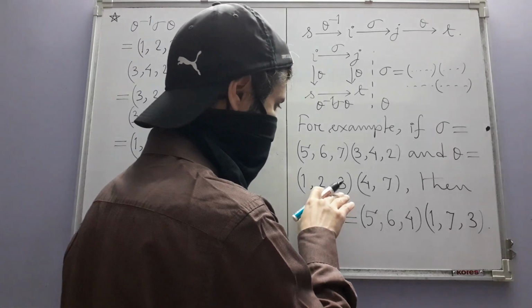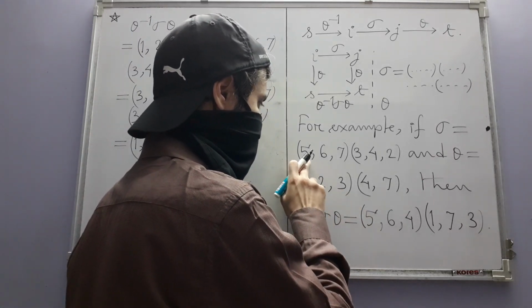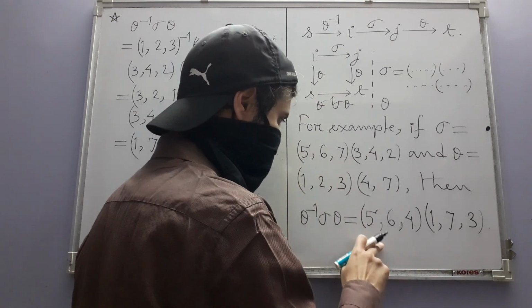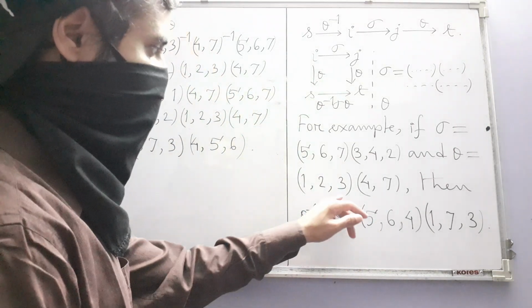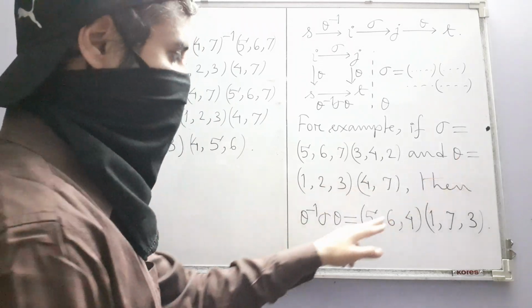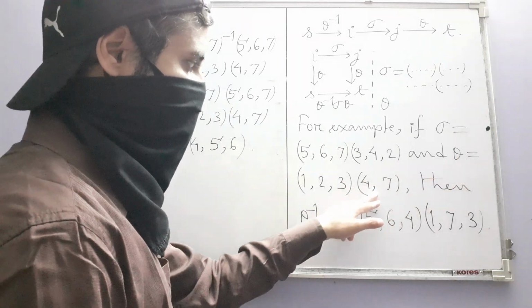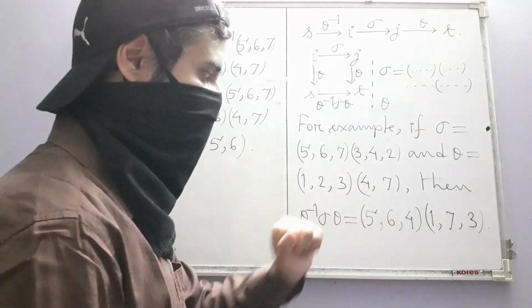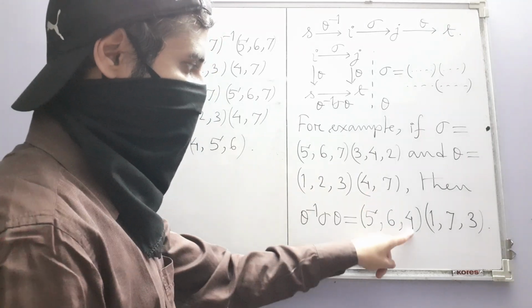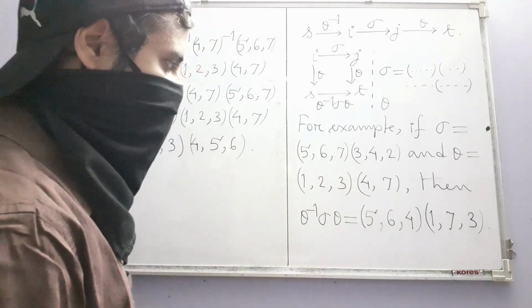Now, all we are doing is changing the individual symbols, and that change is dictated by theta. 5 and 6 are kept fixed by theta, so we have written 5 and 6. 7 is changed to 4 by theta, so we have written 4 here.